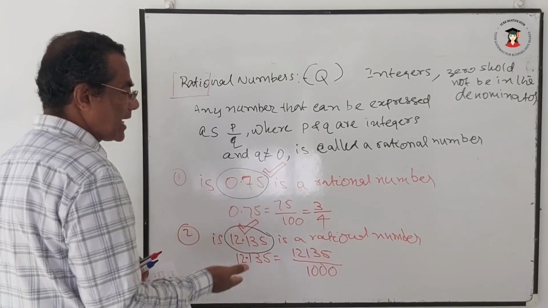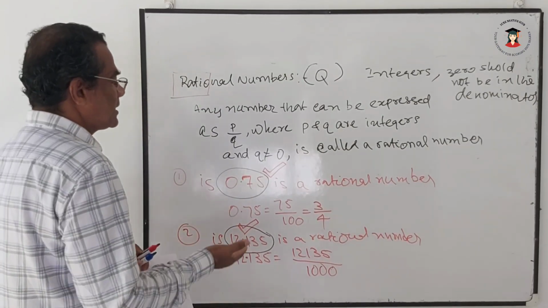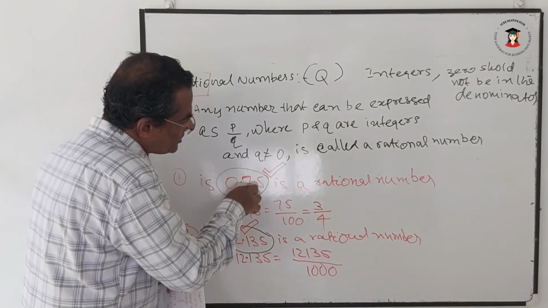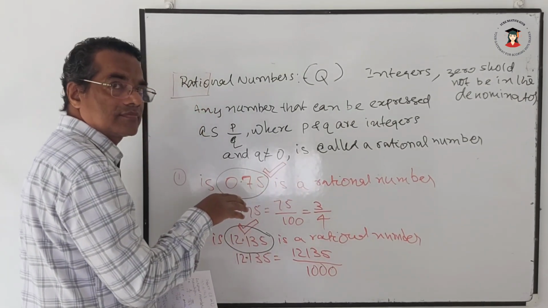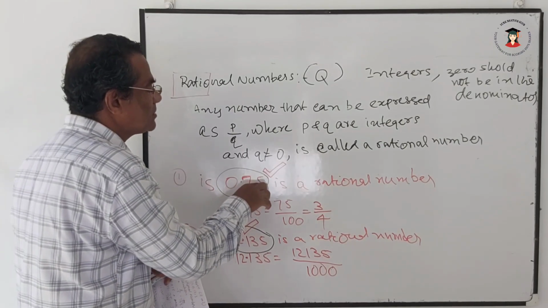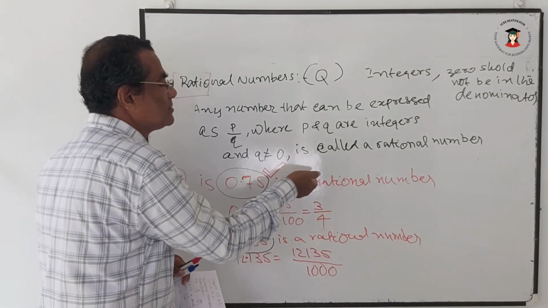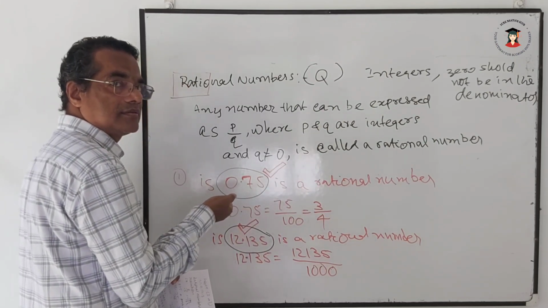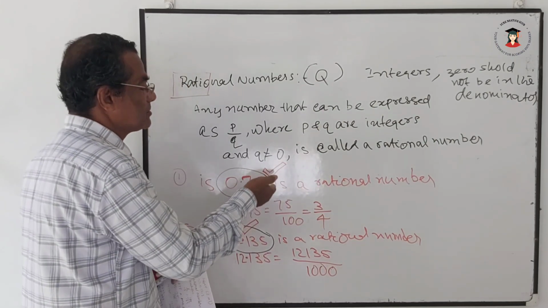This comes under a category. The category is that this decimal terminates, the digits do not continue infinitely.